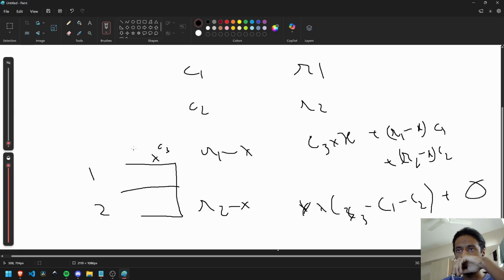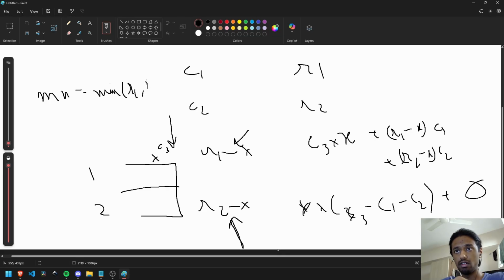So an observation to make here is, if we have already bought X, and we have not completely bought one of these two, like if X is not equal to R1 or R2, obviously we will have to reach the minimum value first, right? So let Mn be the minimum of R1 and R2. Obviously we will have to reach the minimum threshold first, right?